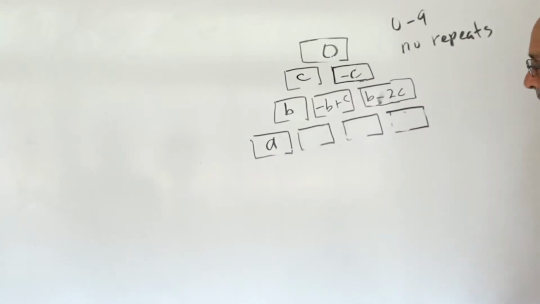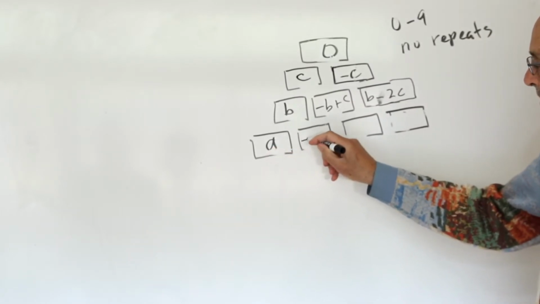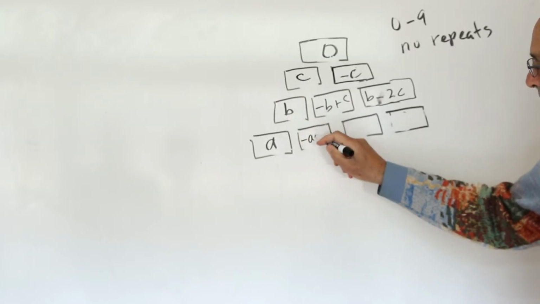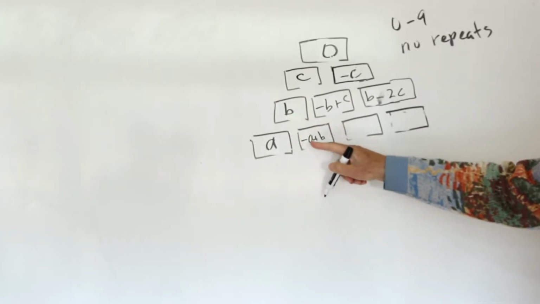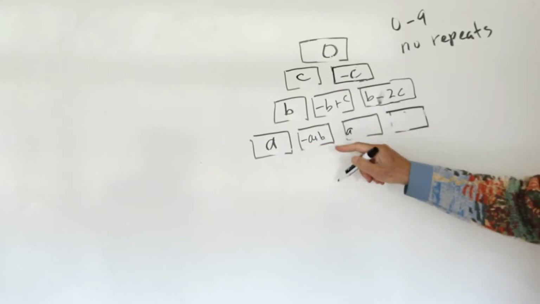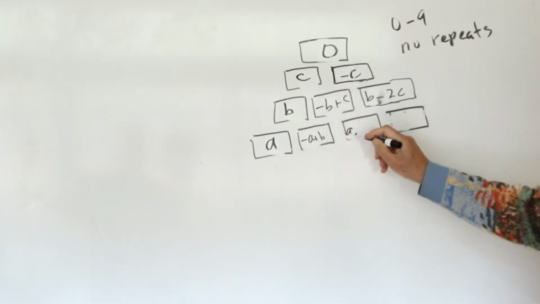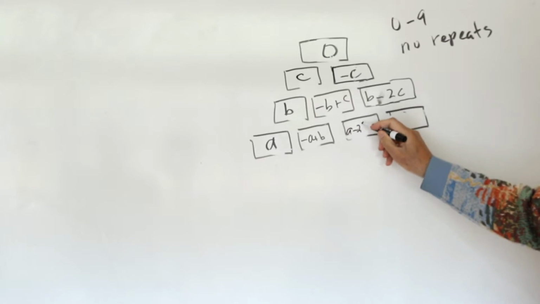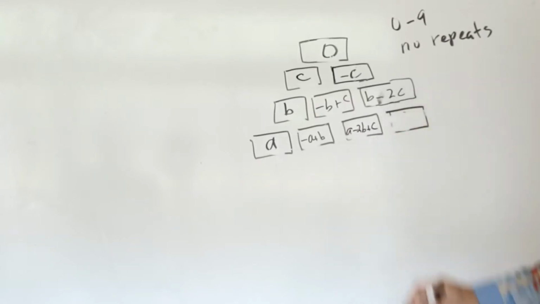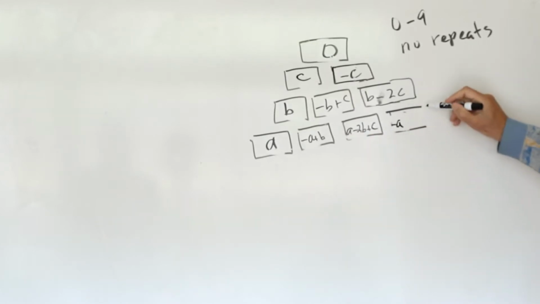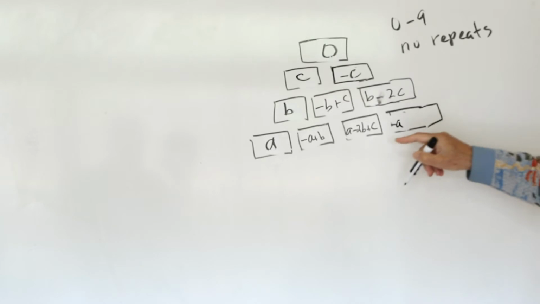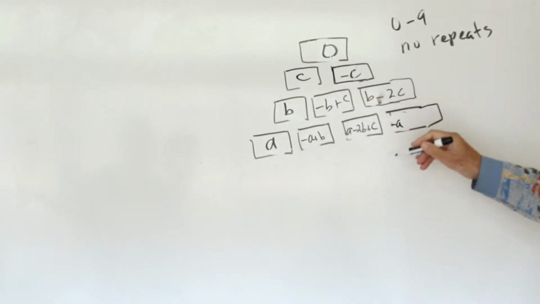So next, we cancel the A, and then we add the B. Then we go from negative A, we have to cancel the negative A with A, and we have to go from B to negative B. So that's negative 2B, and then we add a C. And finally, we cancel the A with negative A. And then we go from negative 2B to B, which is 3B.